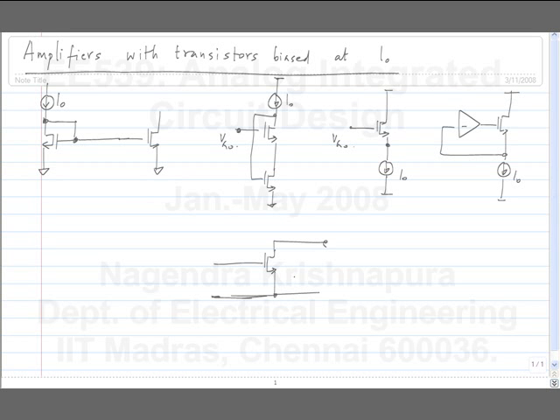The signal must be applied between gate and source, and the output must be taken between drain and source, to which a load can be connected. With the first type of biasing, it's quite easy to do that.